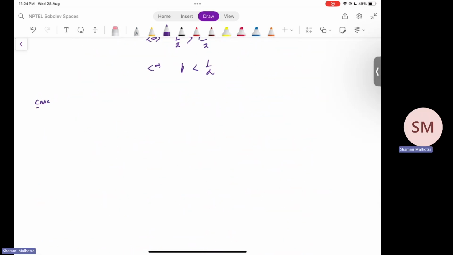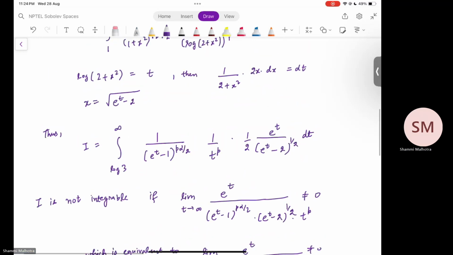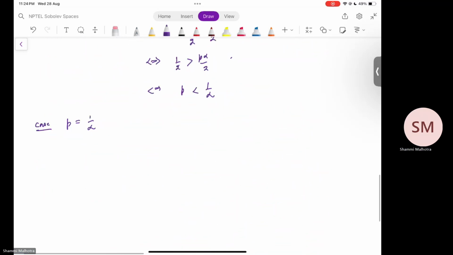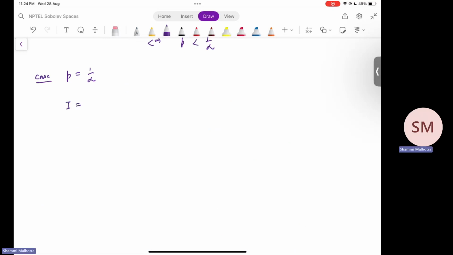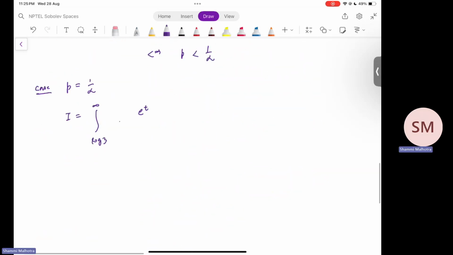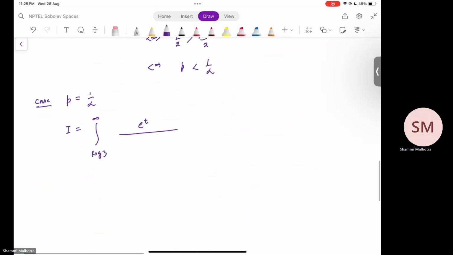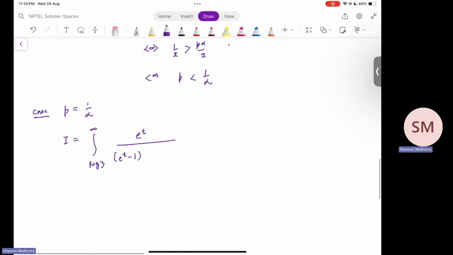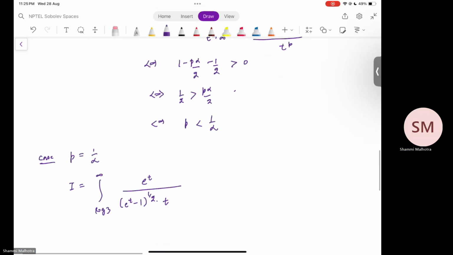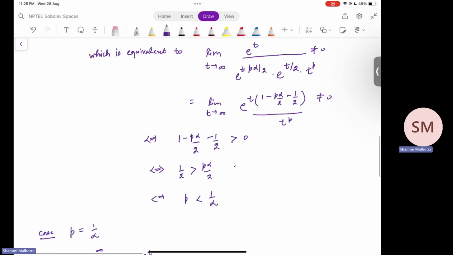So the case when my p is exactly equal to 1 by alpha. Then our integral actually turns out to be I equal to the integral from log 3 to infinity of e raised to the power of t whole divided by (e raised to the power of t minus 1) to the power half, t raised to the power of 1 by alpha.